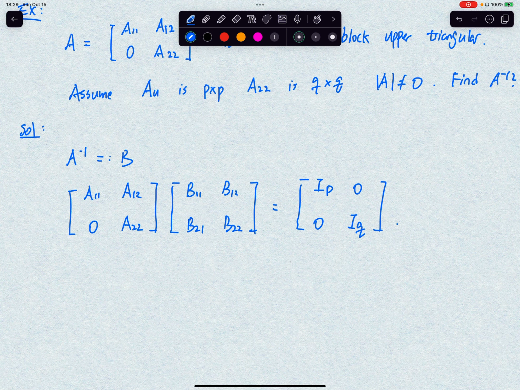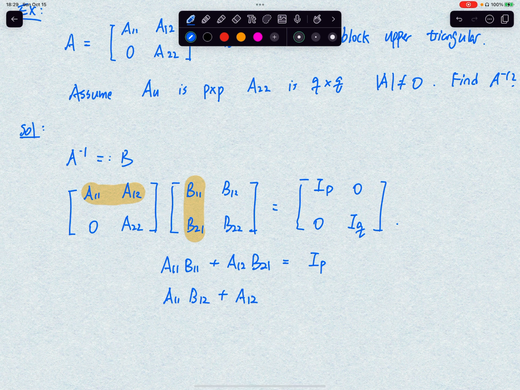This offers us a representation for B11, B12, B21, and B22. We use the row to multiply the column. We have A11 B11 plus A12 B21 equals Ip, and A11 B12 plus A12 B22 equals 0.